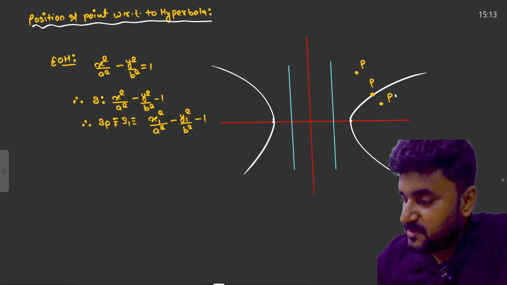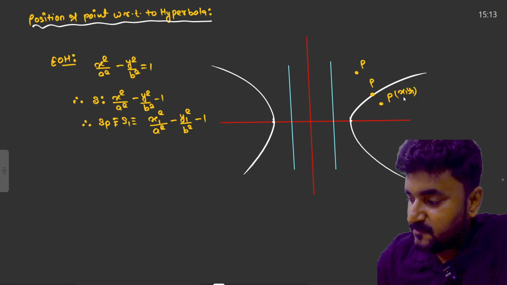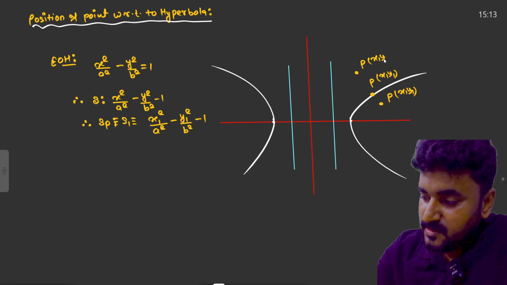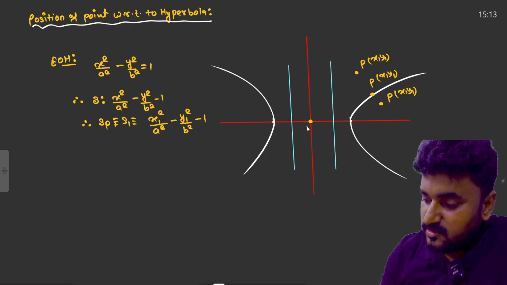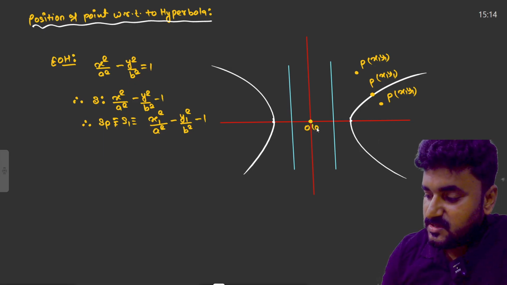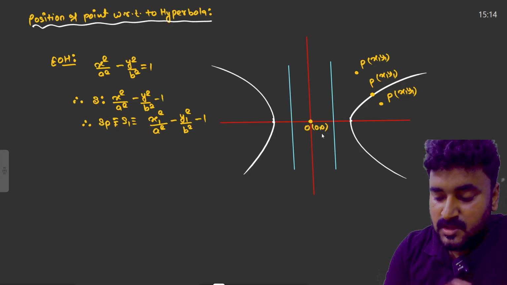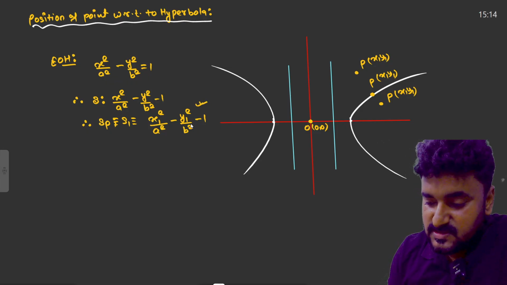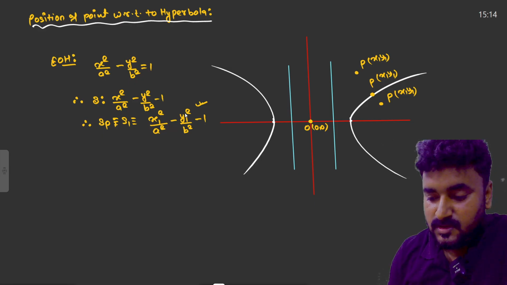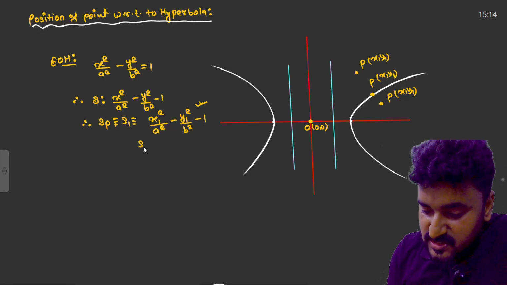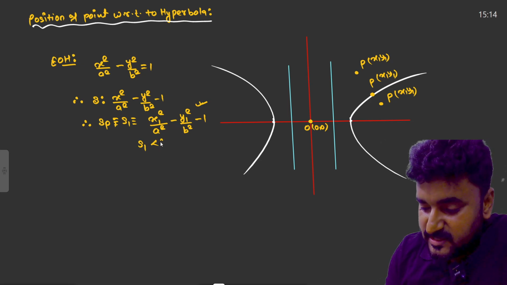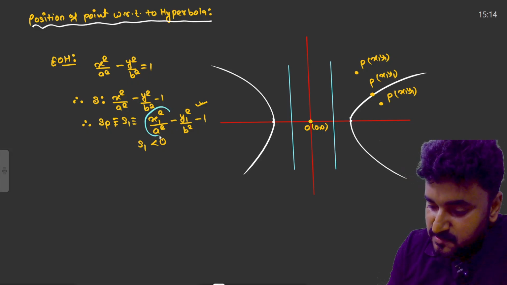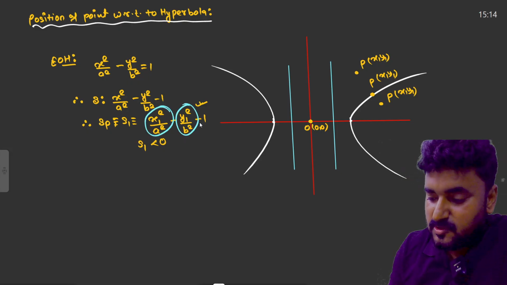This point P I have taken as (x1, y1). See, it's a center O, this is (0, 0). Just suppose I am keeping (x1, y1) as (0, 0). In that situation this S1 value will come negative. Why? Because the first term will be 0, this term will be 0, and then minus 1.